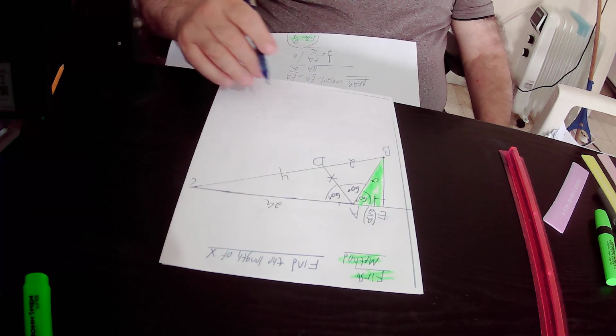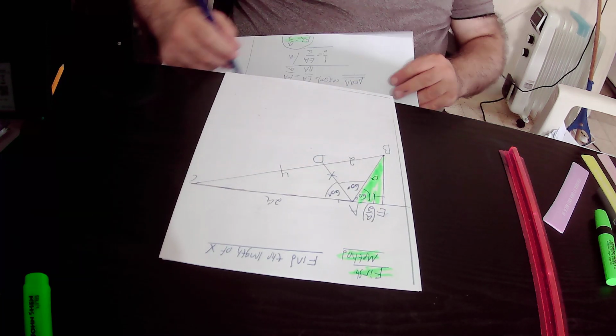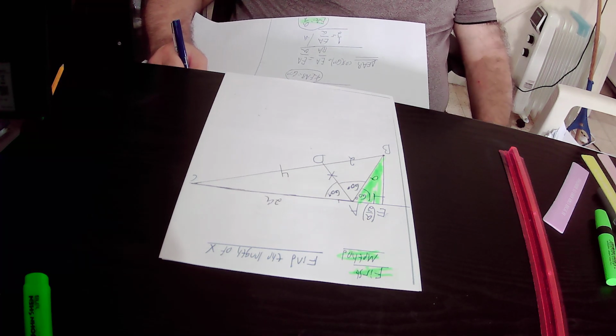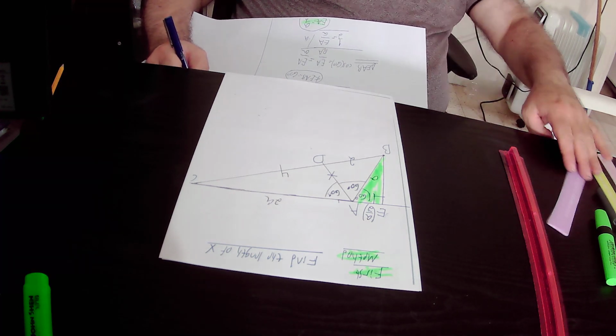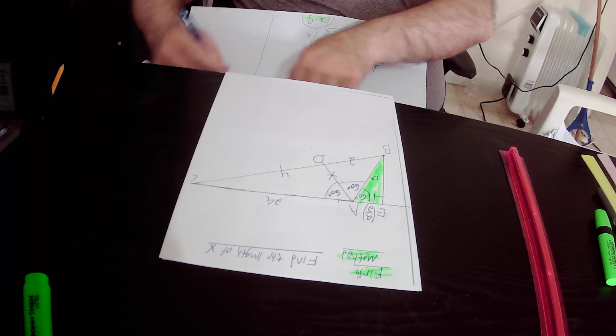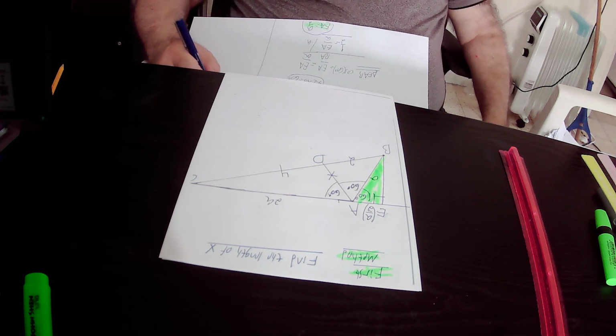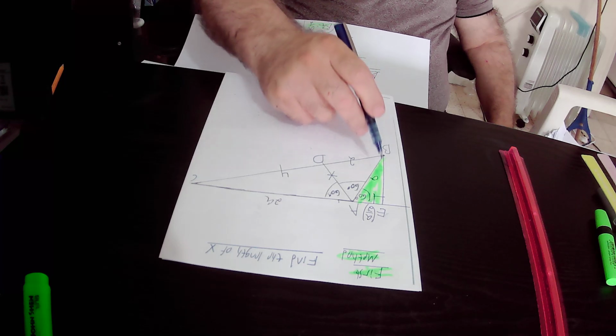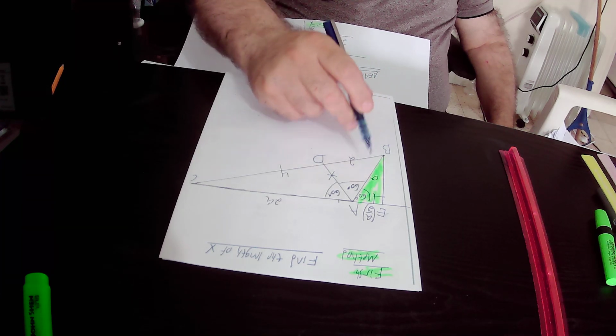We will continue to focus on the right green triangle, triangle EAB. We know that sine 60 degrees equals BE over BA.